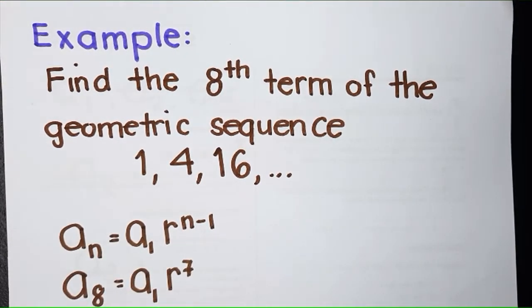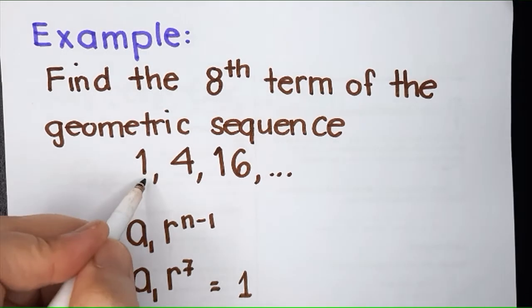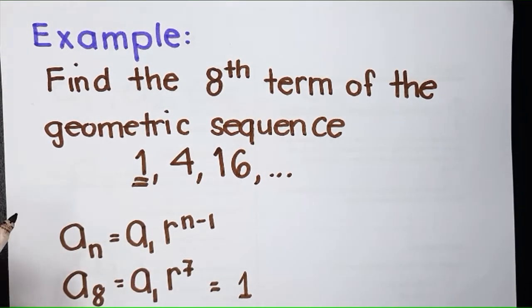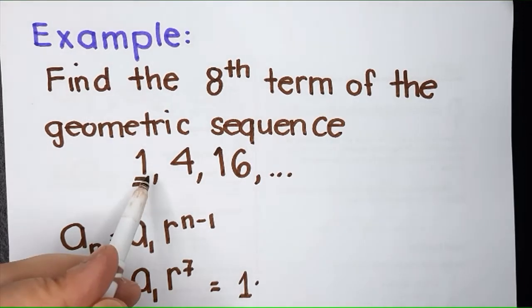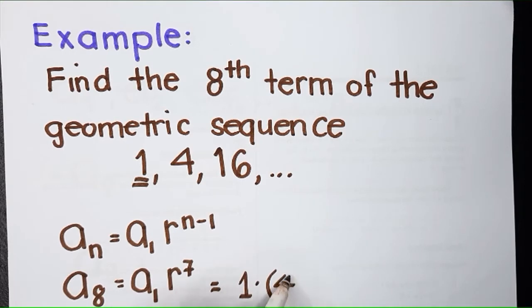Okay? So, let's compute. What is a sub 1? It's 1. That's a sub 1. Okay? What is r? Meaning, what do you multiply to get the next term? It is 4. Right?